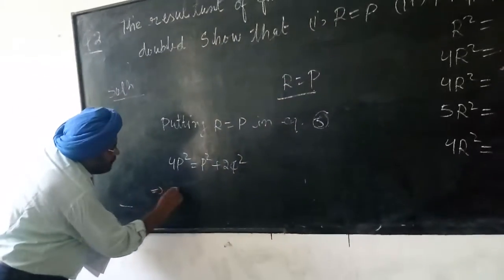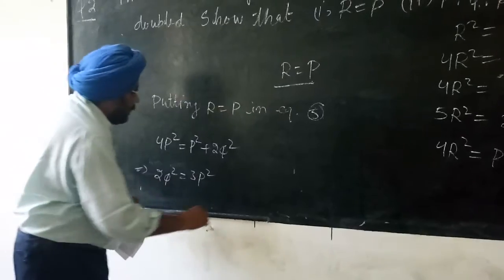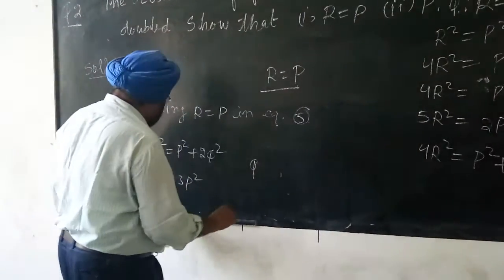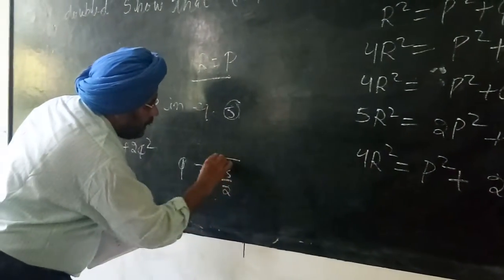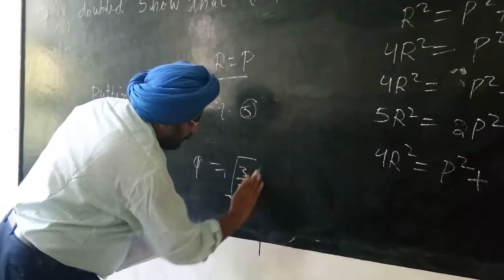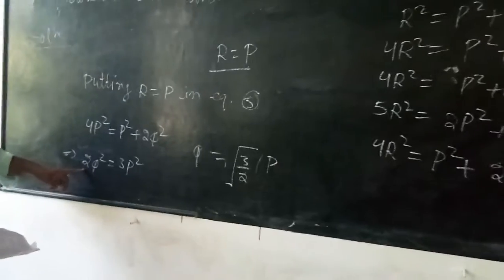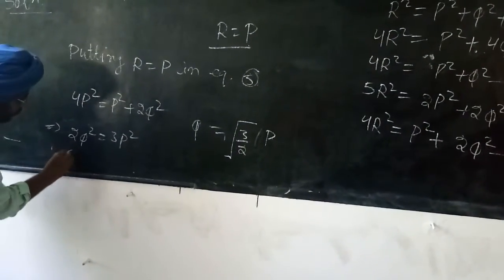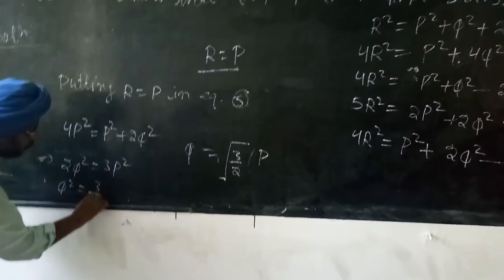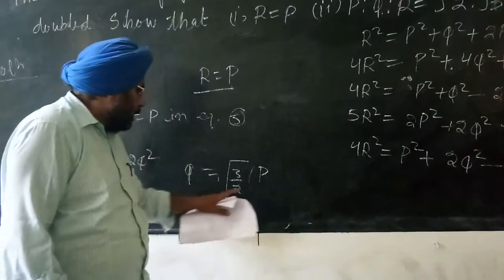So 2Q square is equal to 3P square, so Q square is equal to 3 by 2 P square. So Q is equal to the root of 3 by 2 times P.